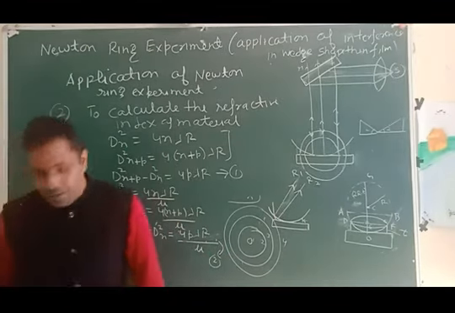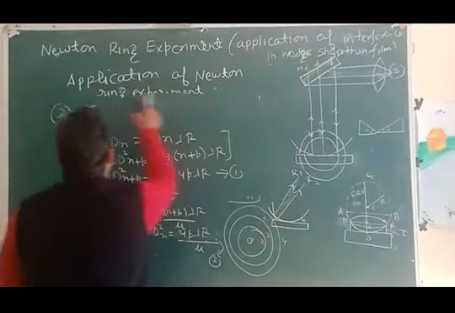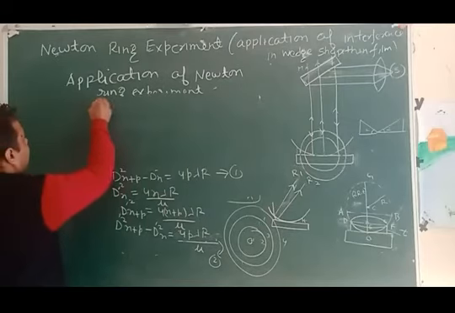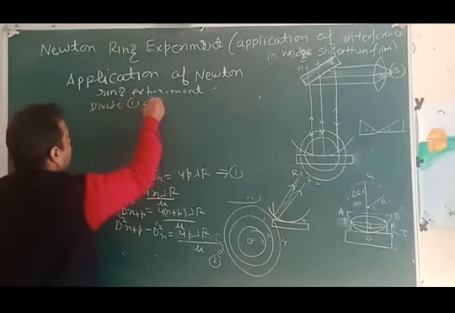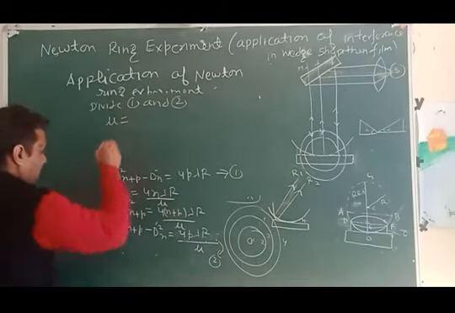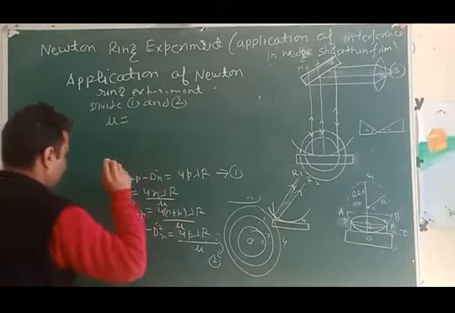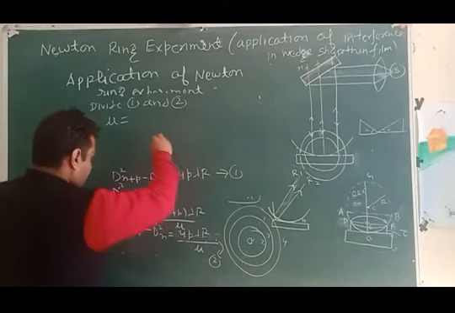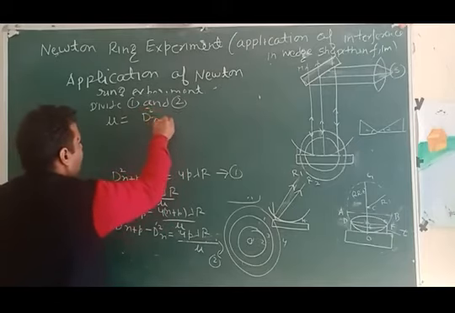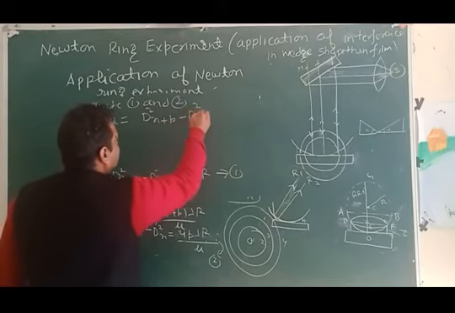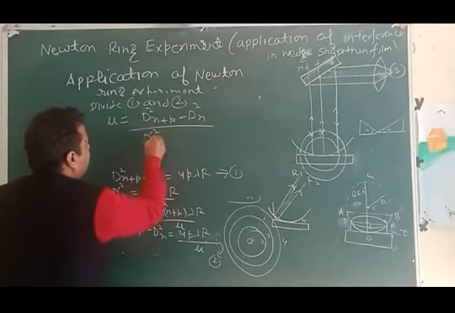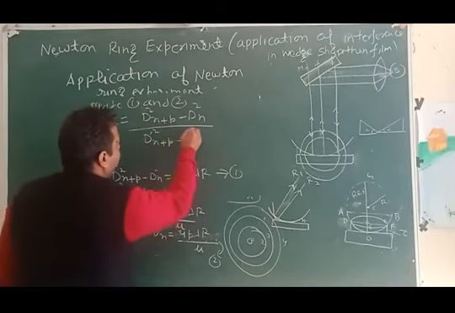Understand? Now, dividing 1 by 2, what will happen? Mu is d square n plus p minus d square n upon d dash square n plus p minus d dash square n.